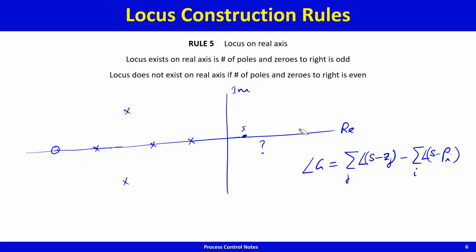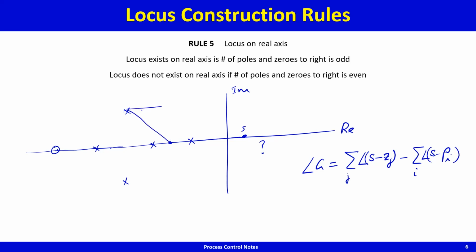Okay, fine. Let's look at a candidate point over here. We see that all the real poles and zeros to the left subtend no angle. If you look at the complex conjugate pairs, how much does this subtend?